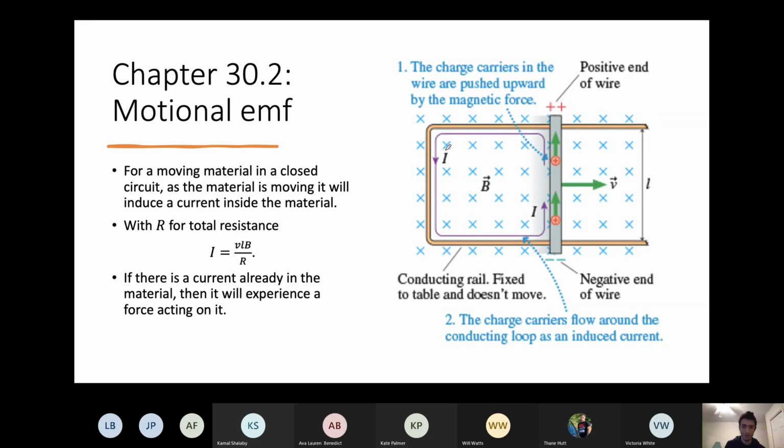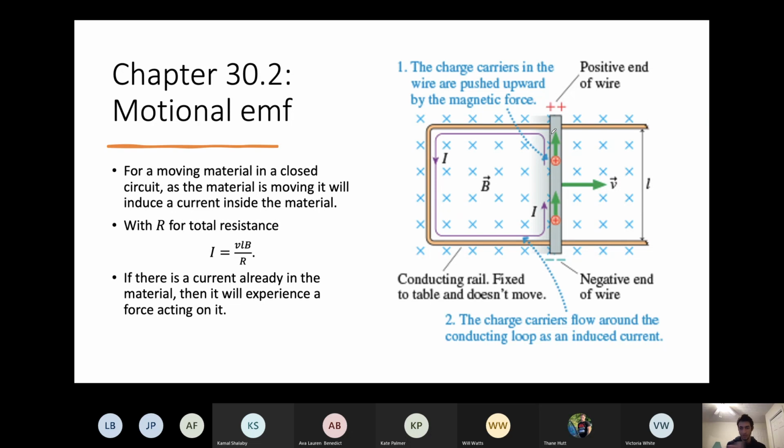So far we've just been using the right hand rule. So again, if you have a bar of iron or whatever, it's neutral, it doesn't have anything special in it, just normal electrons and protons. If it's in a uniform magnetic field and it's moving to the right, the charges inside the material will feel a force, and you can find the direction of this force using the right hand rule.